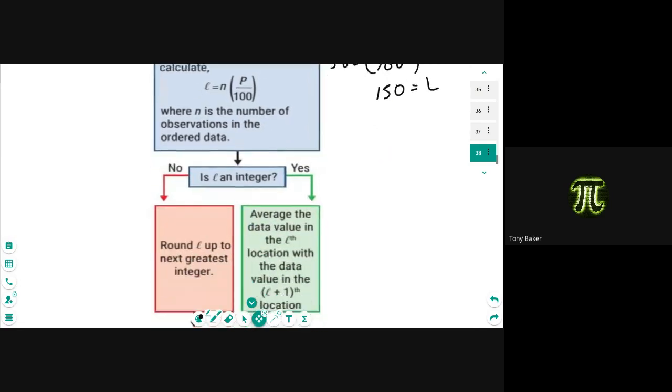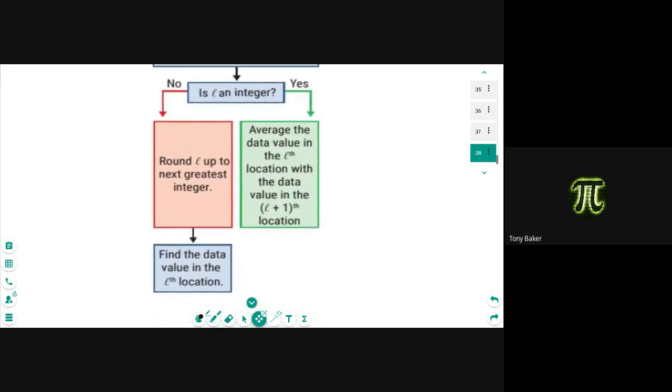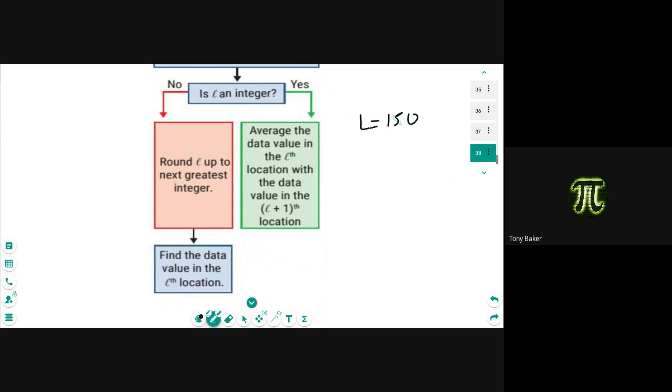Now, there's two cases. In my case, L was 150. If L is an integer, which means a whole number, no decimal, you're going to average two values.